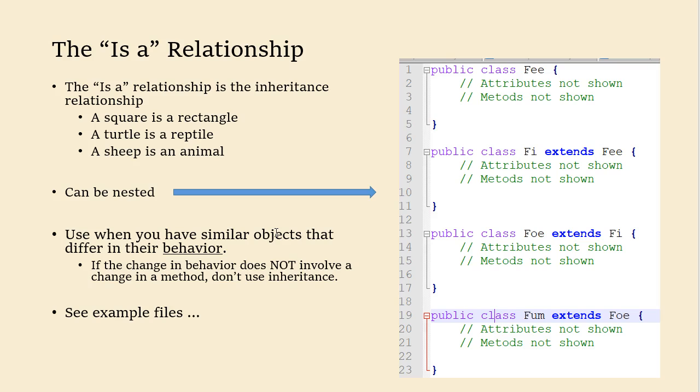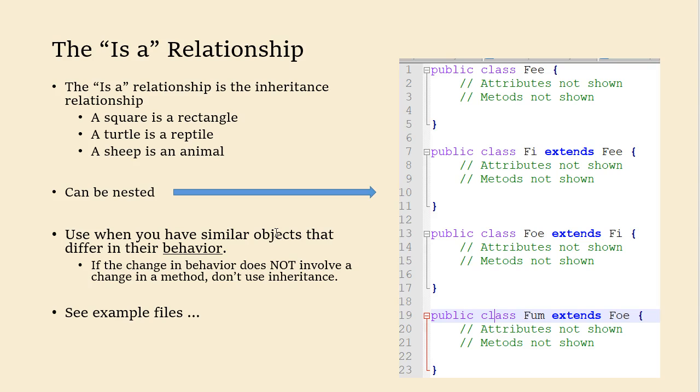Often, particularly if the base class, the parent class, is designed well, then you will simply have to overwrite the methods, modify the methods. You can keep extending. So here, Fo extends Phi. Well, that's another layer of extension. Fum extends Fo. You probably won't do that in your projects, but you have the capability to do that.